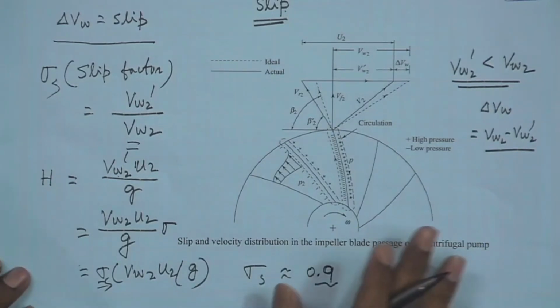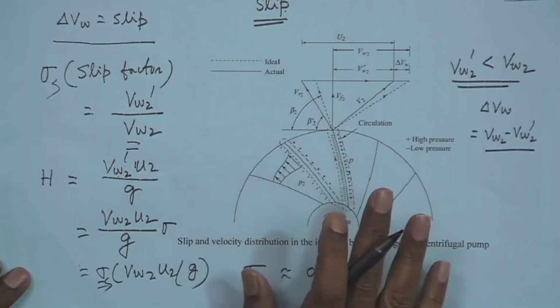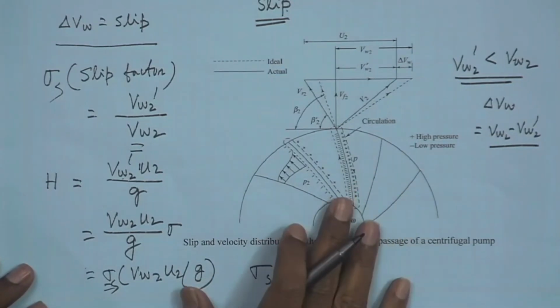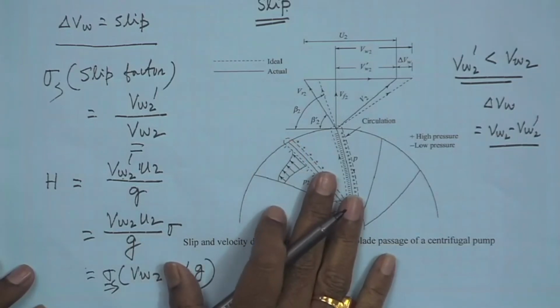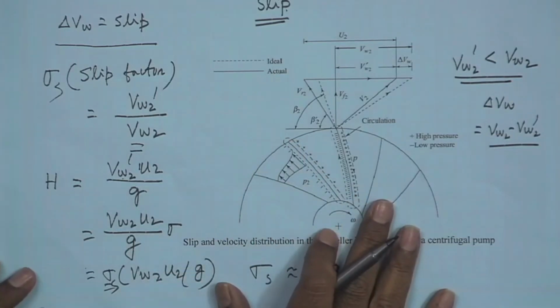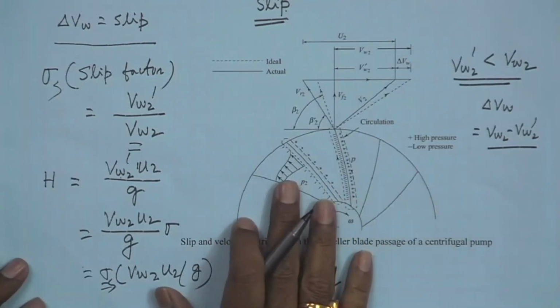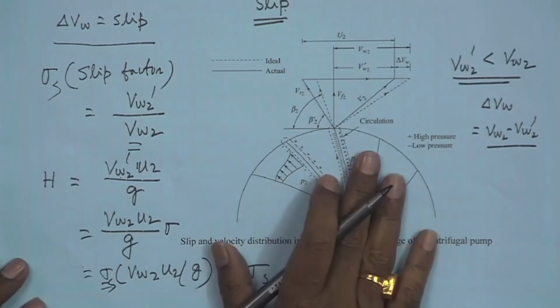So, therefore, this is the phenomenon of slip, and this is an independent effect from that of viscosity. So, this has nothing to do directly with the viscous effect in the fluid.